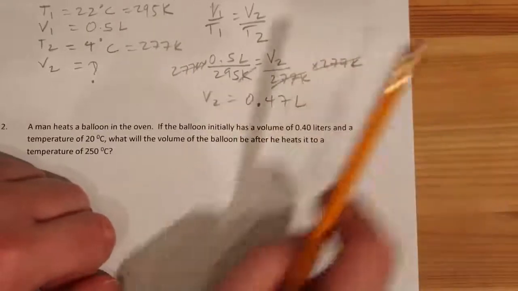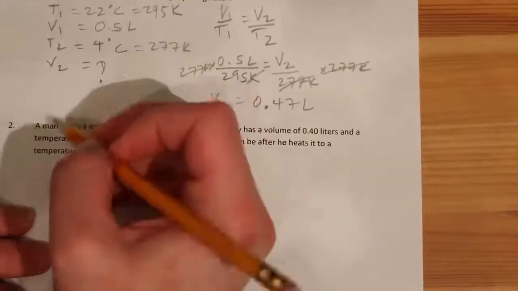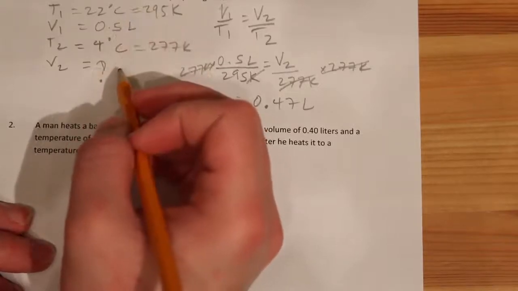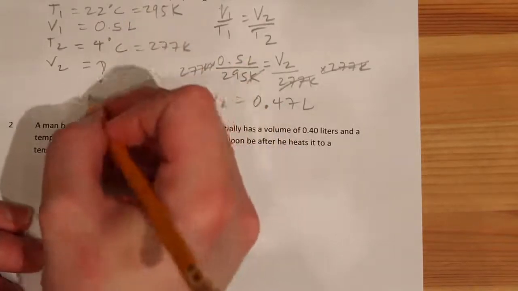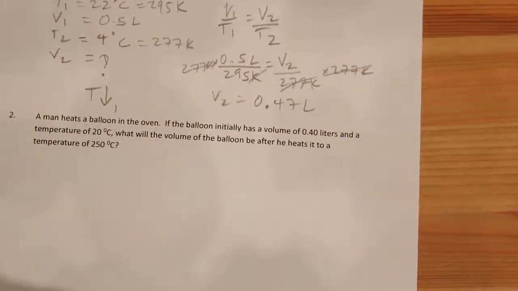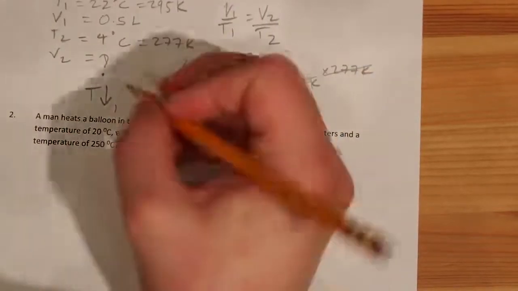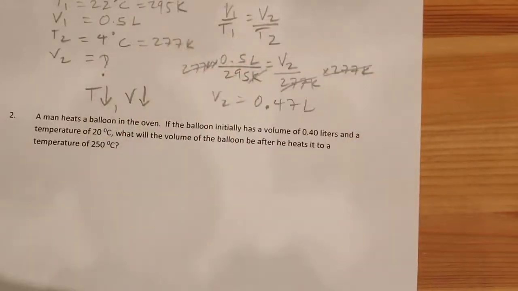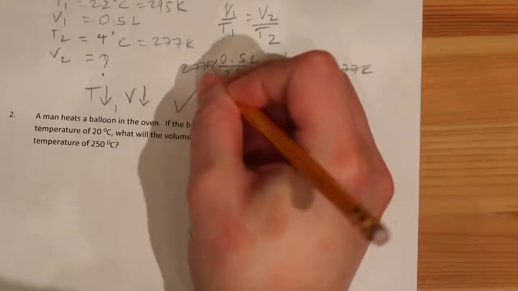So again, let's do a common sense check. Temperature went from 22 degrees to 4 degrees. You know, we put something in the fridge, so obviously the temperature has gone down. And because temperature and volume are directly proportional, we would expect volume to go down as well. And it did. It went from 0.5 liters to 0.47, so it makes sense.